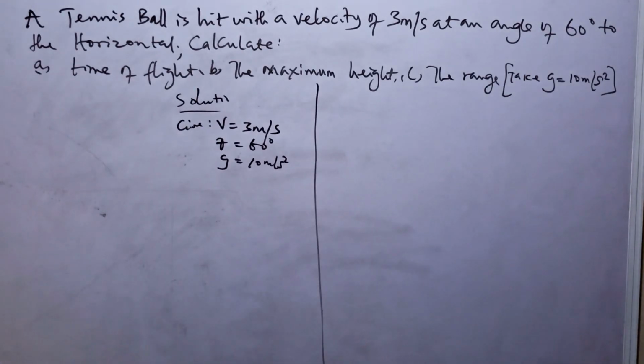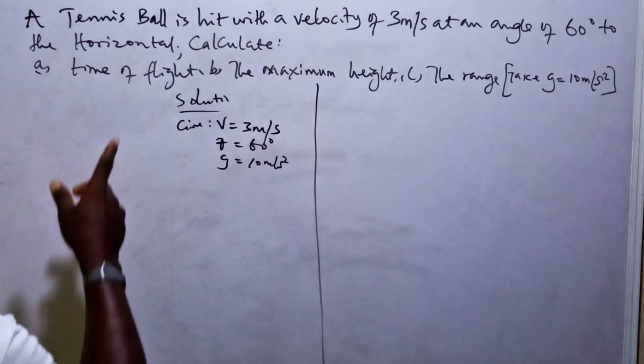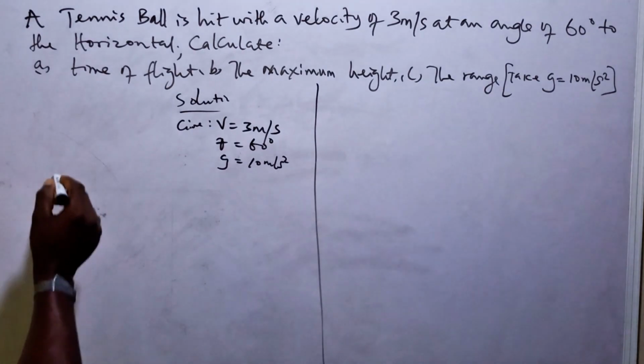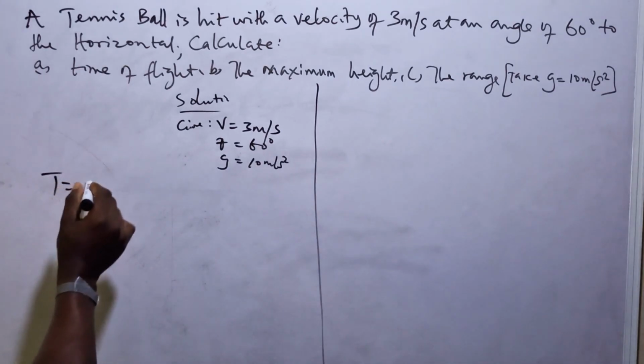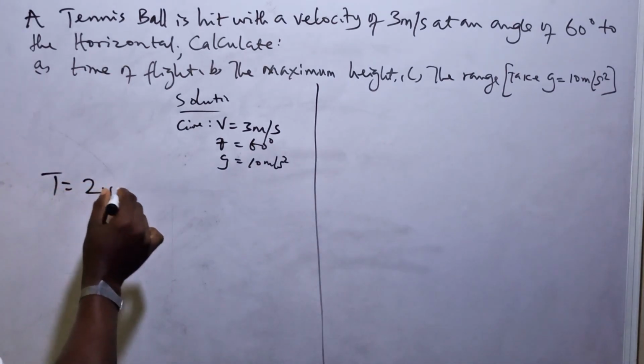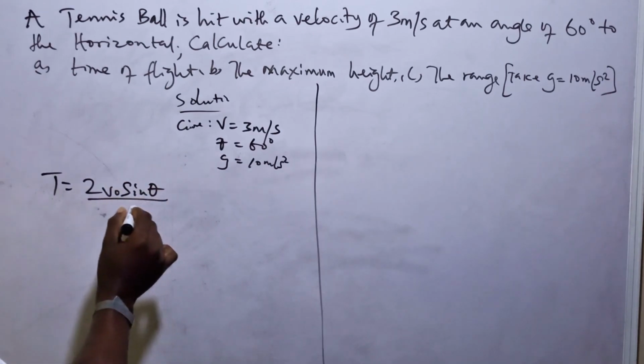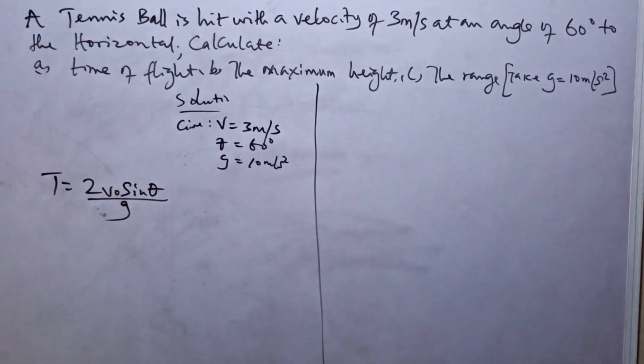Now, from the formula that I gave, you say calculate the time of flight. And the time of flight here is given by t equals 2 v naught sine theta over acceleration due to gravity g.